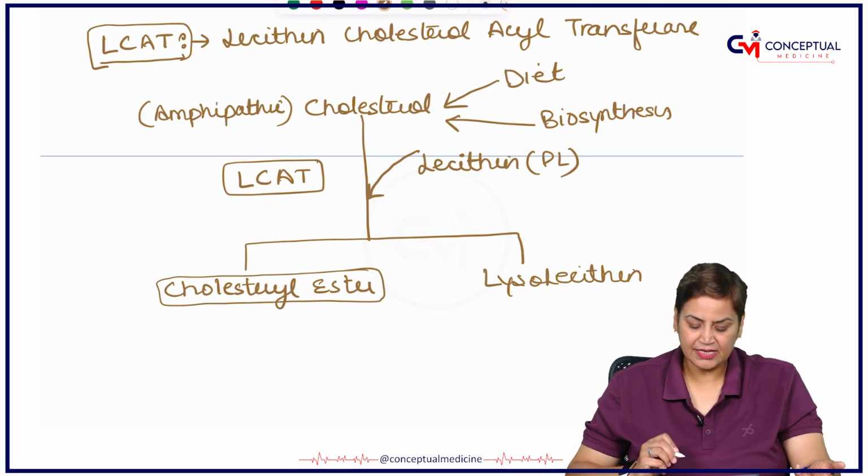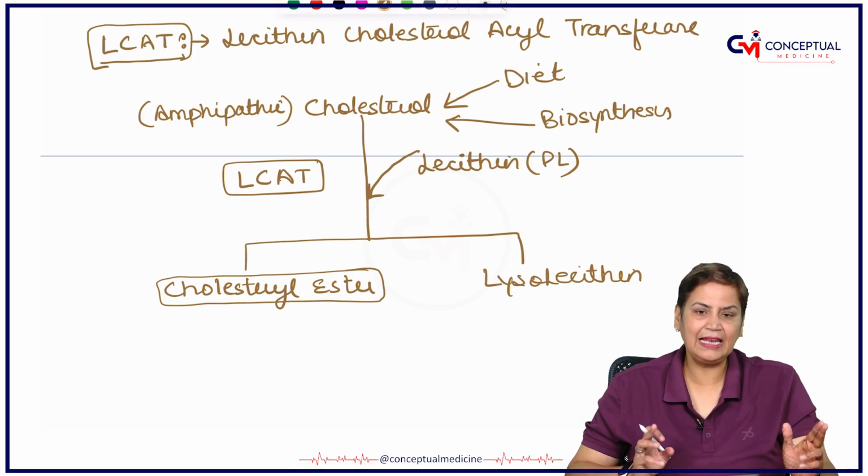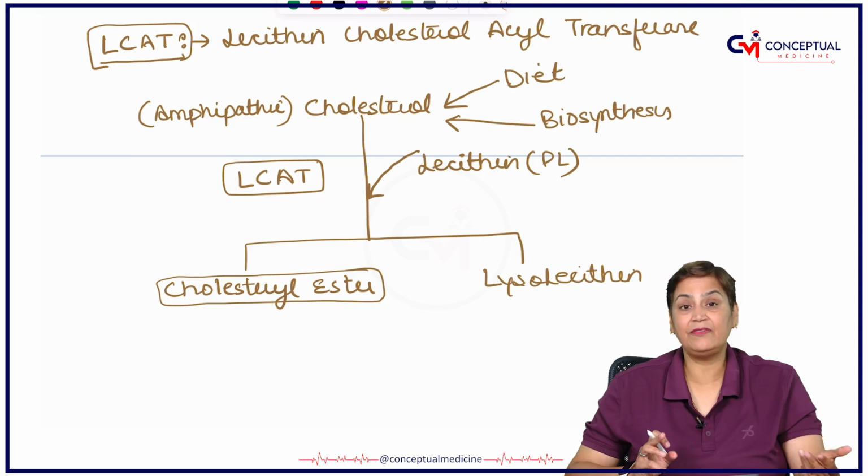We will discuss the LCAT enzyme in detail when we discuss the metabolism of cholesterol. But here just remember that the LCAT enzyme is responsible for esterification of cholesterol, because HDL metabolism actually deals with cholesterol.